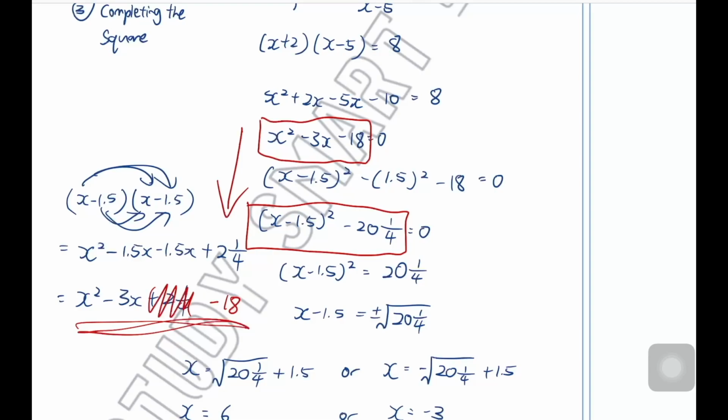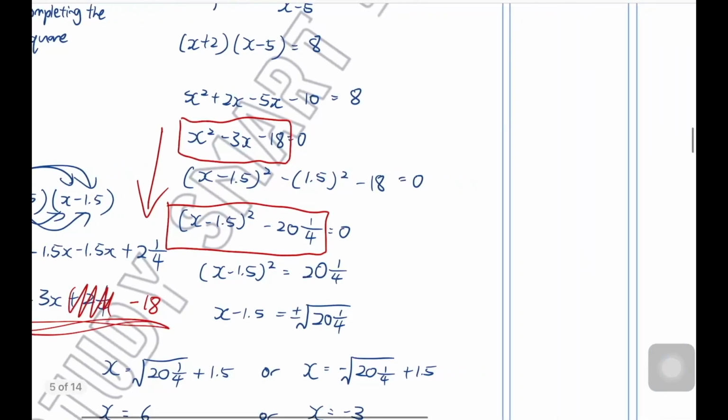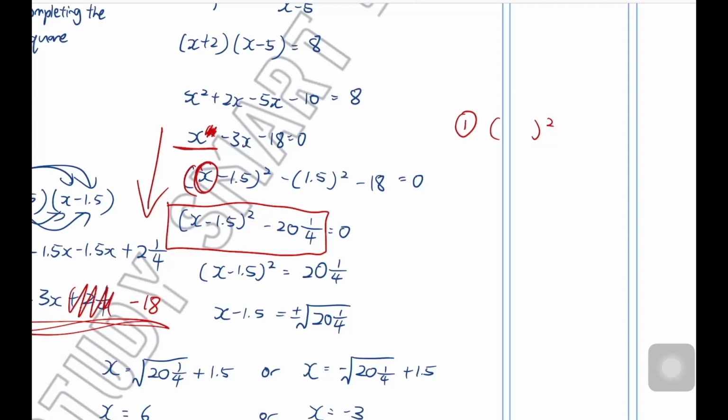So this is the technique that you have to use to complete the square. And what is that technique? That technique involves three steps. The first is to get your bracket square form. And how do I get my bracket square? Earlier I've mentioned already, and I shall repeat again: take your x square, drop the x, drop the square, so now you have an x.